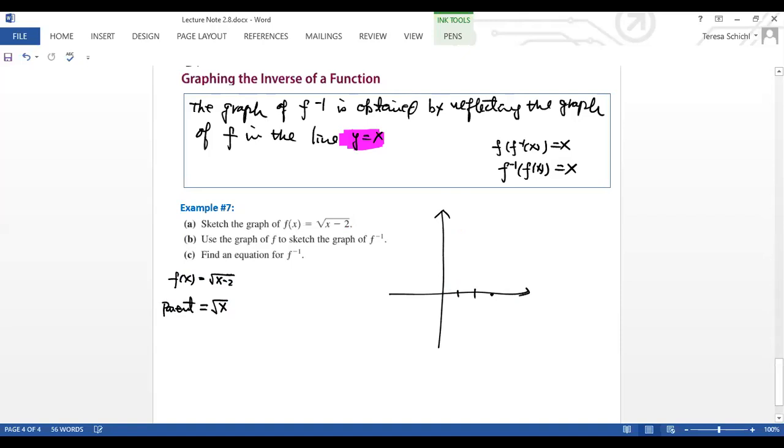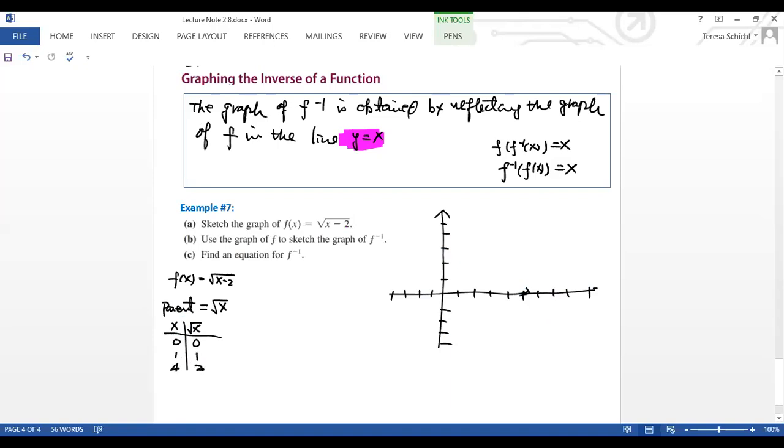So it's 1, 2, 3, 4, 5, and 1, 2, 3, 4. Okay, so we know this one here is a shifted parent function, right? So we have a few key points: 0, 0, 1, 1, and what is here?